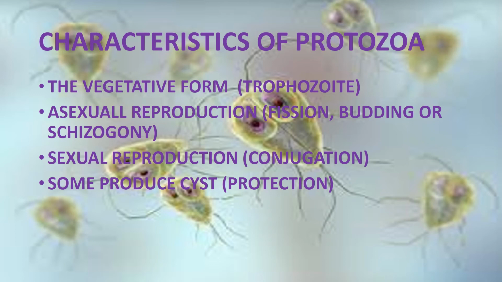Asexual reproduction is by fission, budding, and schizogony. Sexual reproduction is by conjugation. During ciliate conjugation, two haploid nuclei fuse to produce a zygote. Some protozoa can produce a cyst that provides protection during adverse environmental conditions. Protozoa have complex cells with a pellicle, cytostome, and an anal pore.